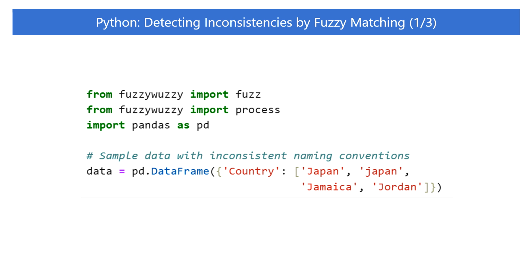First, from FuzzyWuzzy, import fuzz and process. Fuzz provides functions for comparing two strings and calculating similarity scores. Process is used for string matching. Then, a data frame named data is created with a column called country, containing country names with inconsistent naming conventions.